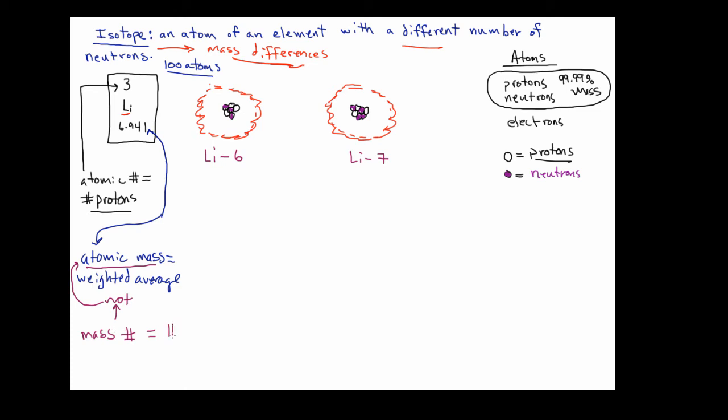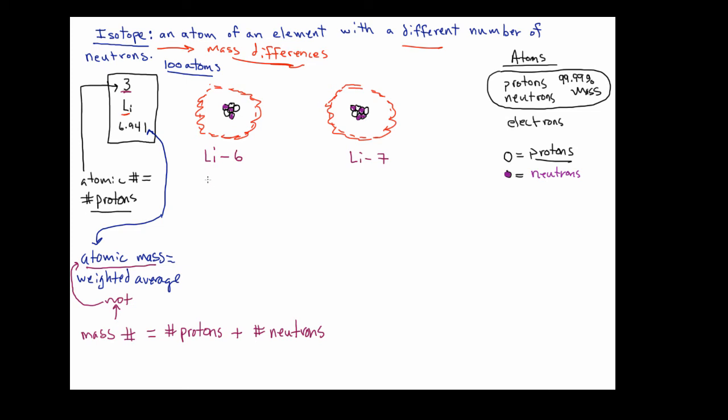It is the number of protons plus the number of neutrons, literally. So we see that for Li-6, there are 3 protons, which there have to be if it's lithium, and then we've got 3 neutrons in this one. In this particular atom of lithium here, we've got, again, the 3 protons, but then we have 4 neutrons.